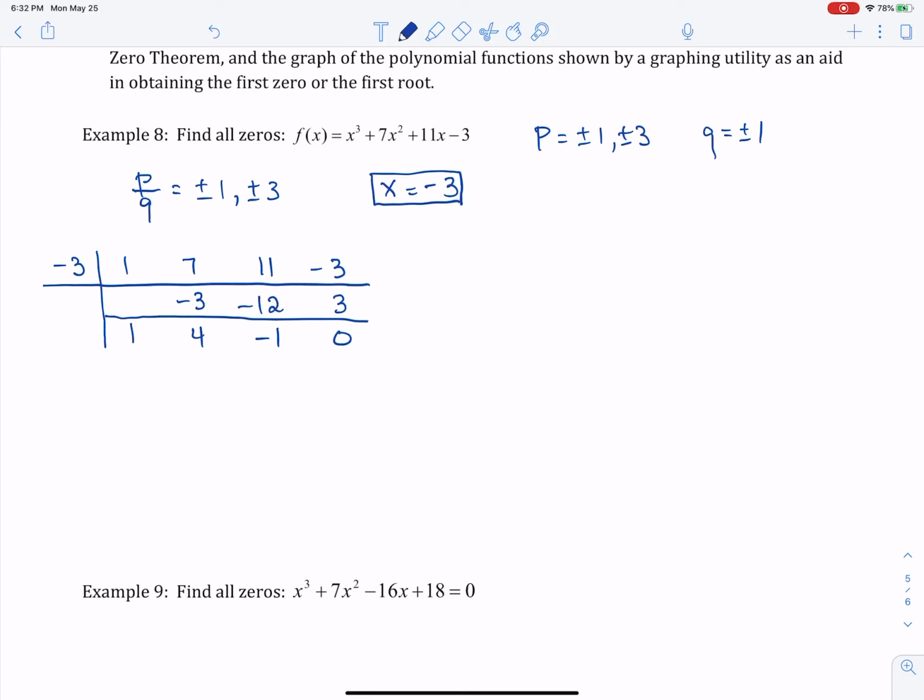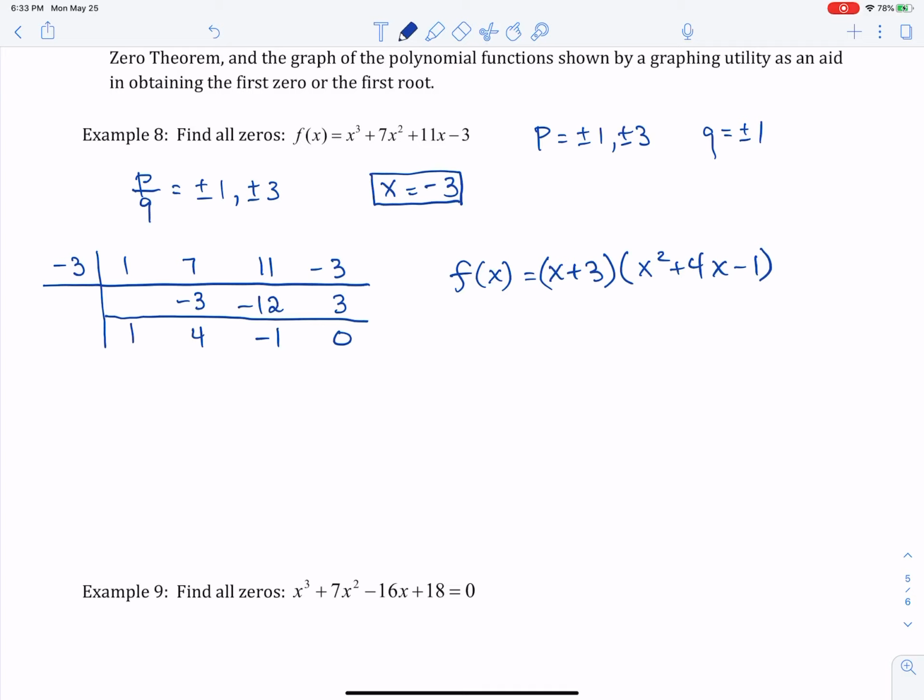So we were able to factor f of x into x plus 3, since -3 is a zero, and the remaining part would be x squared plus 4x minus 1.